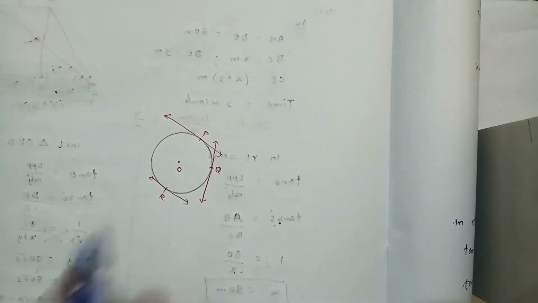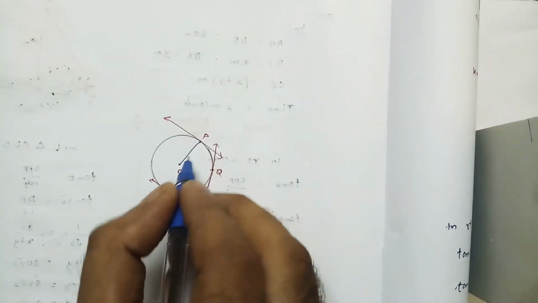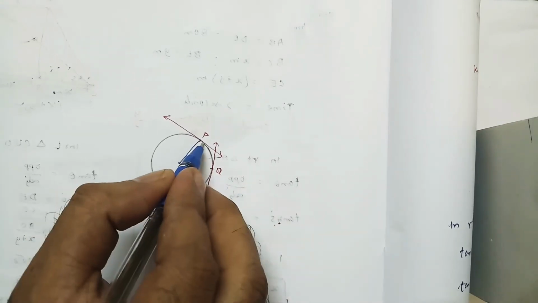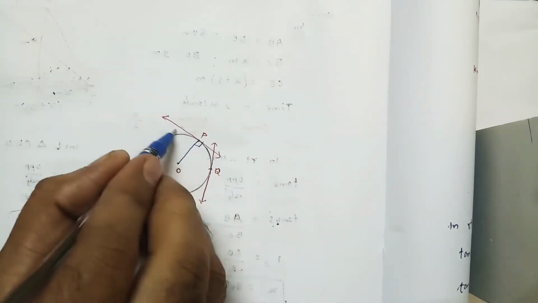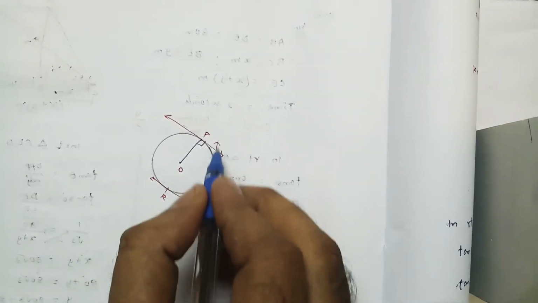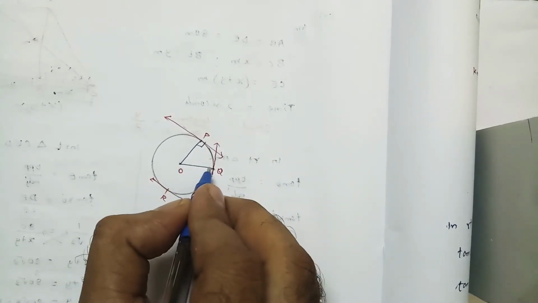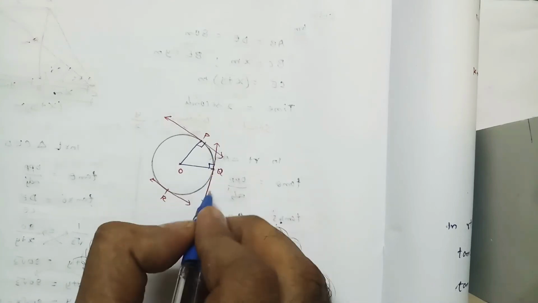See here, OP is a radius, and OP is perpendicular to this tangent. Suppose this is a tangent, and OQ is the radius. OQ is perpendicular to this tangent.